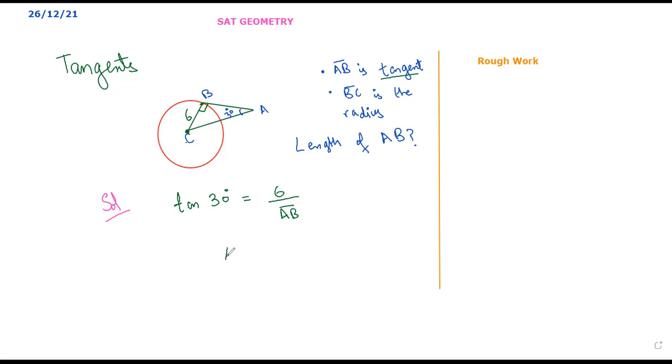So AB is going to be 3 into 6 by under root 3. This would be 18 by under root 3. And that would be 6 under root 3. Yep. So is it clear?